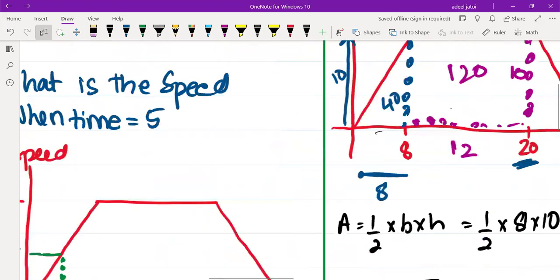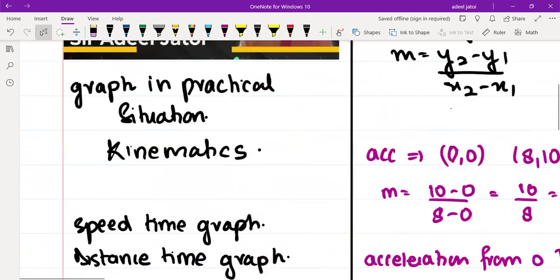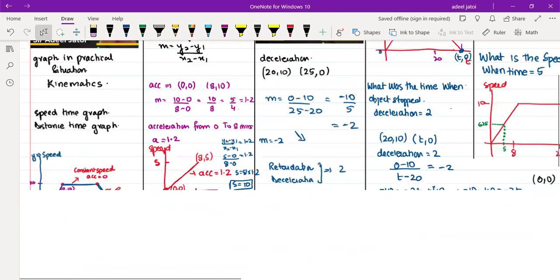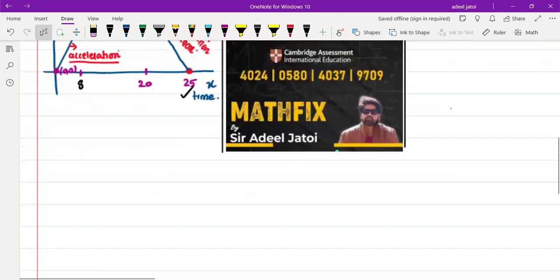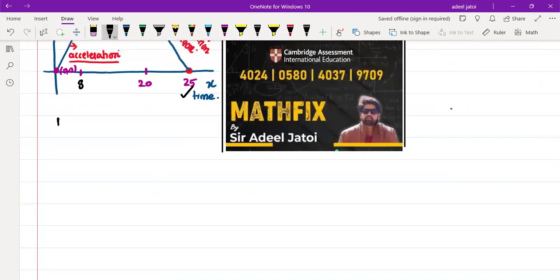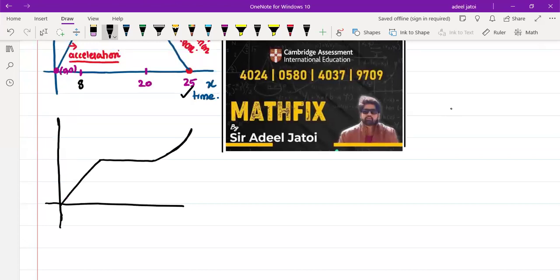Even when we are linking ourselves to speed time graph, there is a possibility that you might be given the speed time graph, and your speed time graph can be in the curve, increasing acceleration. So increasing acceleration, gradient will give me acceleration.